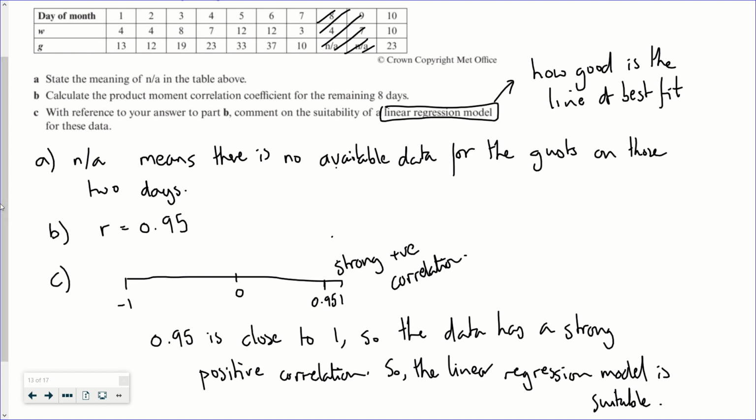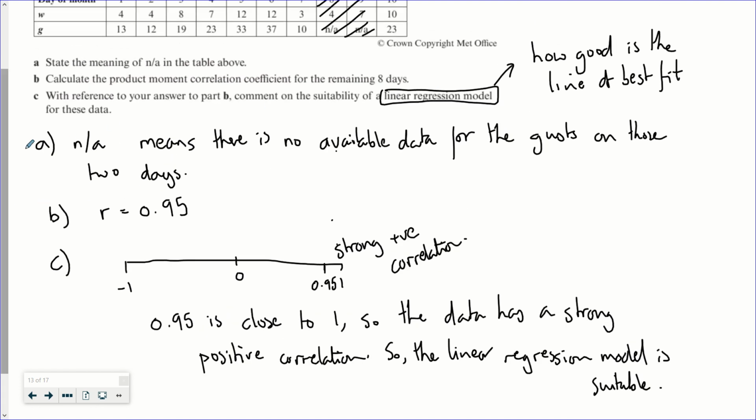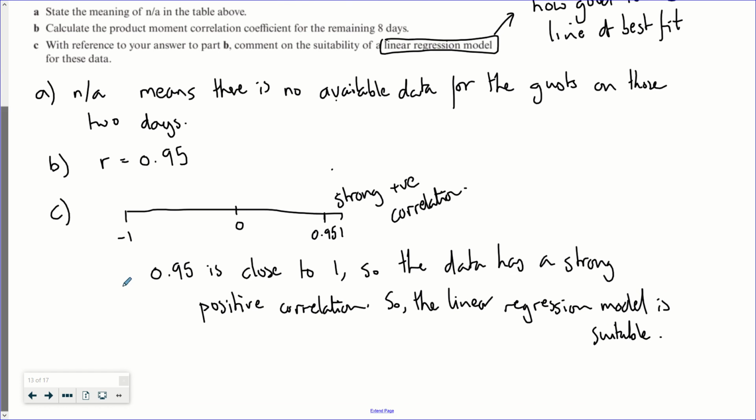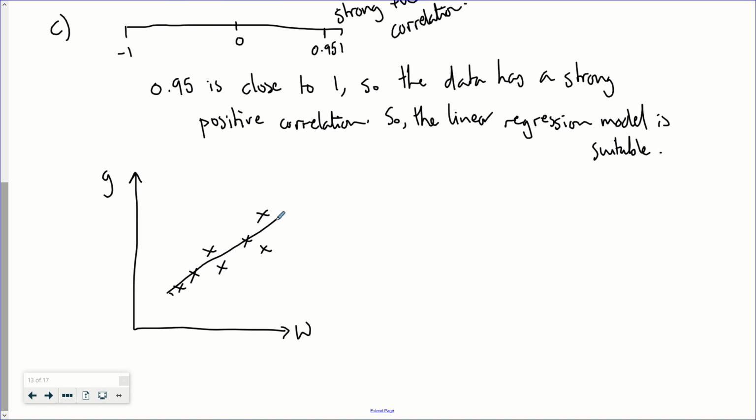And it might be worth just looking at what some of these terms mean. So linear regression model means that we've taken our data, we've got wind speed against gust, mean wind speed against gust, and what we've got is we've got our data points and we've tried to draw a line through them. And that's what the calculator's done.